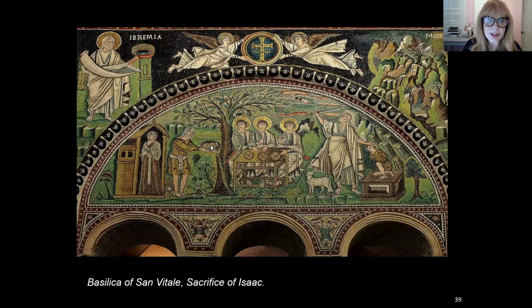And here is a sacrificial lamb. And then various symbols of the angels holding up this round area with the cross in the center. And this is Jeremiah, one of the prophets. And this is Moses over there. And this is the story of Abraham, who is about to sacrifice his son.